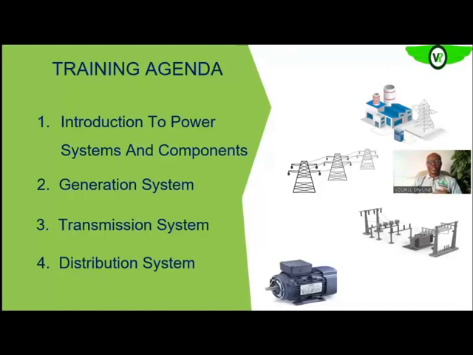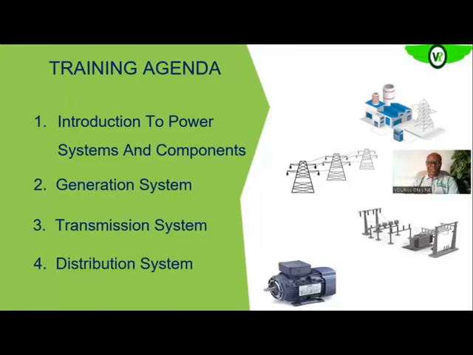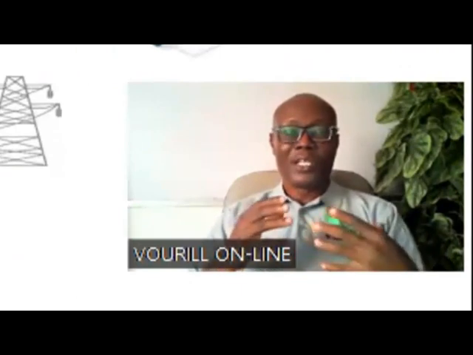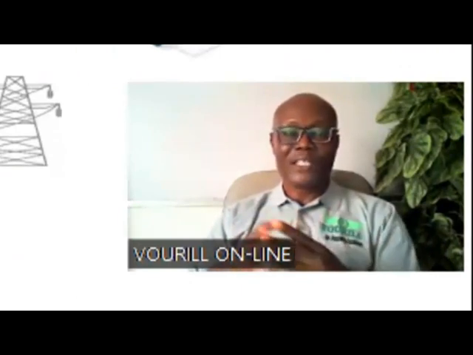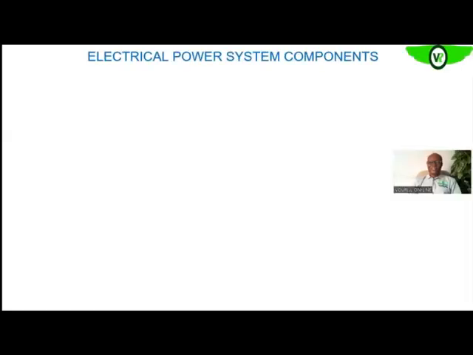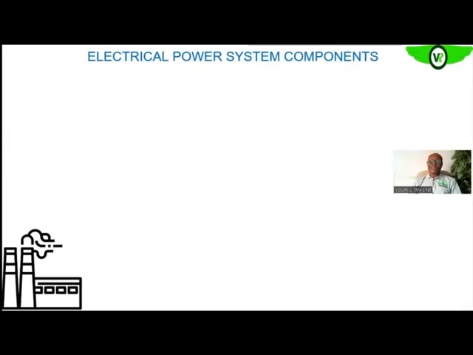So in this particular training, we are going to see the power system generally, the various sections of the power system, and also the equipment that we'll find in these various sections. We are going to start with the first part of the power system, which is the generation station.